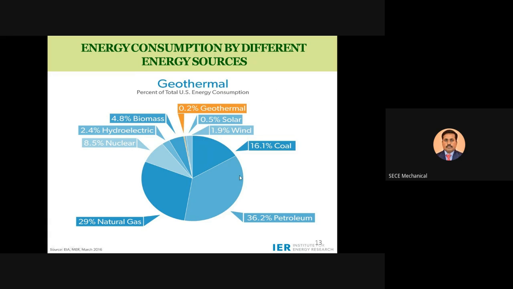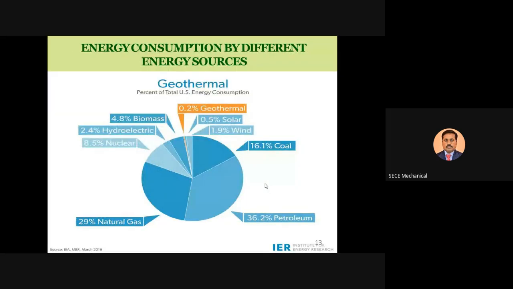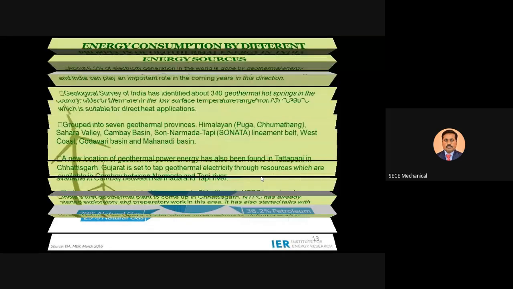Solar power is 0.5%, and 1.9% wind power is utilized for generation of power. 16.1% comes from coal-based power plants, 36.2% from petroleum, and natural gas generates 29% of power. Hydrogen is 2.4%, biomass 4.8%, and nuclear energy produces 8.5% of energy in the US. So this is the general figure in the US for energy consumption by different energy sources.